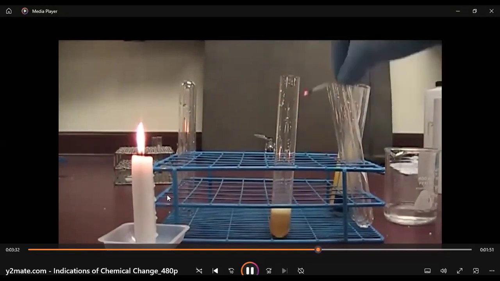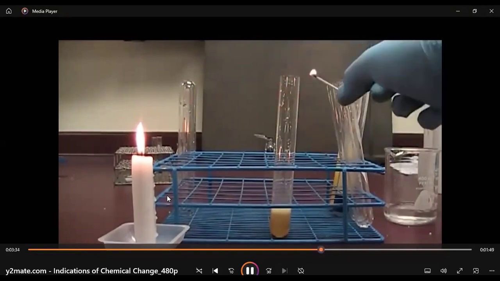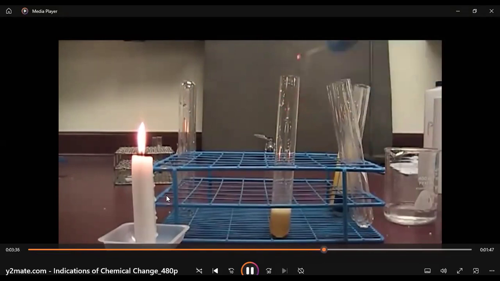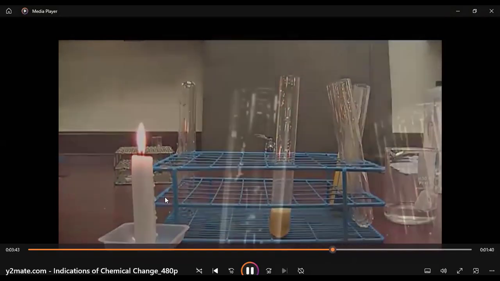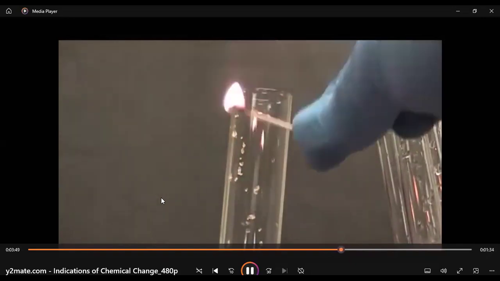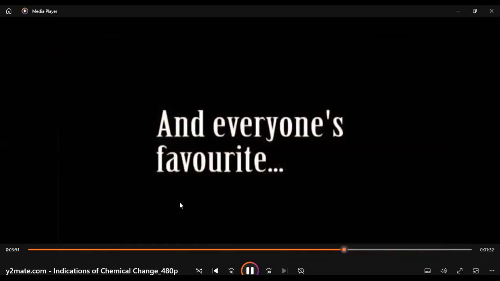Oxygen gas can relight a red hot match. He puts it out, then it relights again due to the release of oxygen gas.